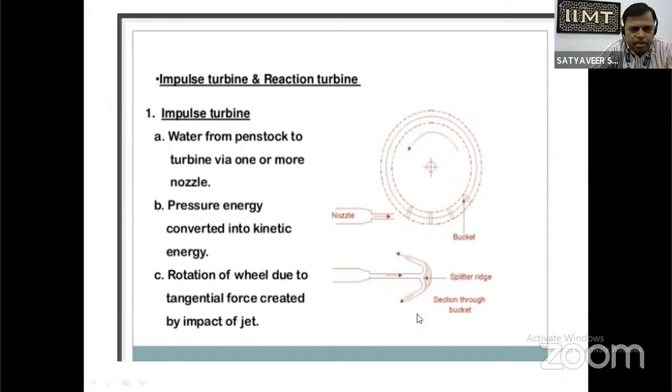There is an impact of jet here, and this is the bucket, and in the center of the bucket there is a splitter ridge and a section through the bucket. The figure indicates the rotation of the wheel due to the tangential force acting on the bucket when the hydraulic energy of the water strikes the bucket.